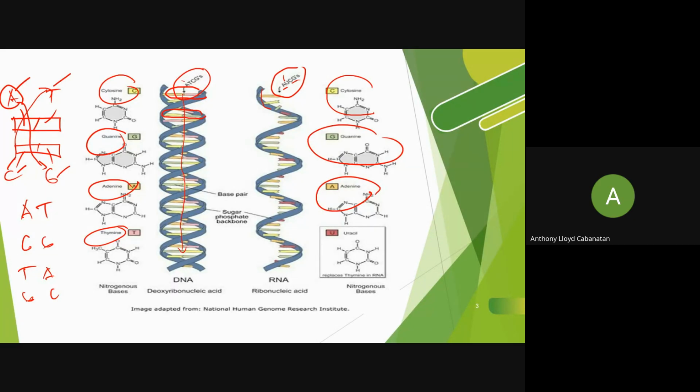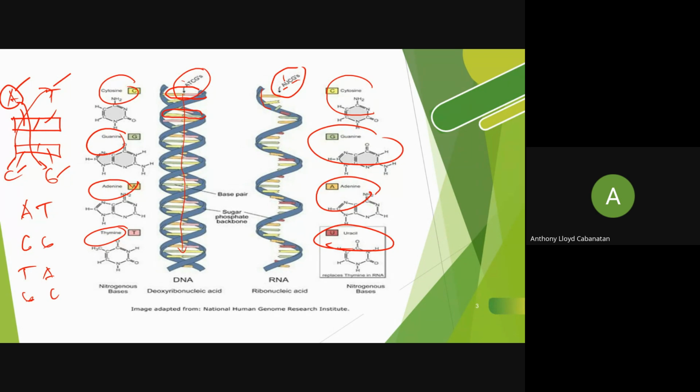Nawala yung thymine class. It was replaced by uracil. Si uracil po ang pumalit. Ibig sabihin dito, class, once you see a base pair or genetic makeup na ang laman ng base pair niya ay uracil, ibig sabihin nun, we are talking about RNA. RNA po yan. Wala pong DNA na ang kanyang nucleotide ay uracil.